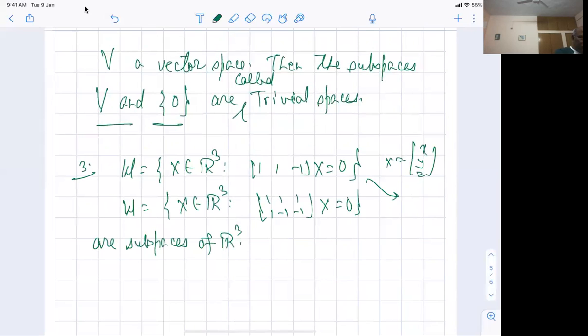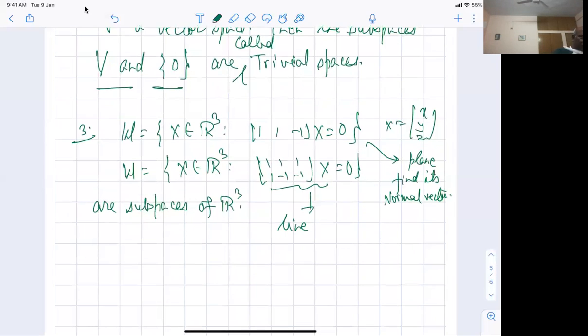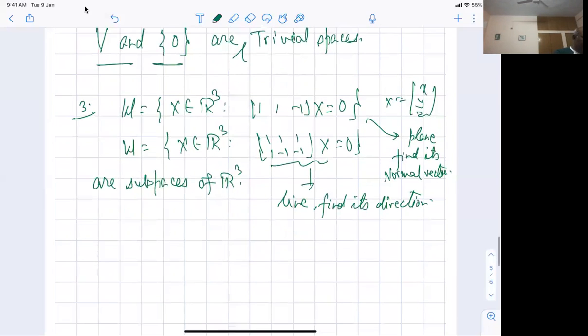This is a plane. Find its normal vector. This is a line. All right. Find its direction cosines, direction ratios. Find its direction. It easily passes through 0, 0, 0 because 0, 0, 0 satisfies it. What is the direction of the line that you need to find out.